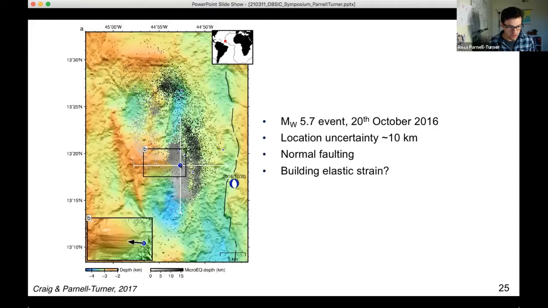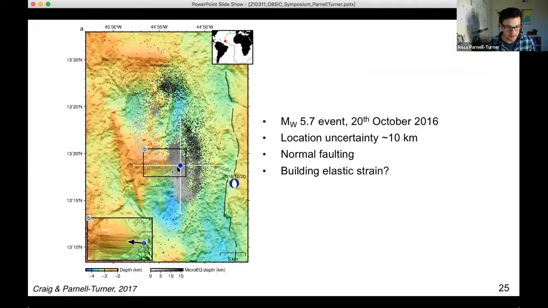This is some work that I did with Tim Craig in Leeds in 2017, and rather fortuitously, there was a magnitude 5.7 earthquake that was teleseismically detected in October of 2016, which is located by this blue dot right here. As we all know, earthquakes contained in global catalogs like the ISC catalog have a fairly poor location uncertainty, especially in remote locations like this.